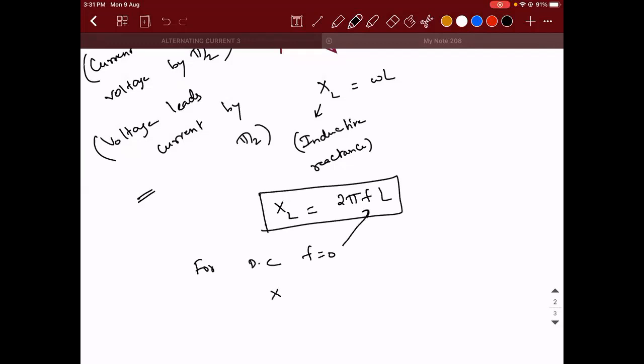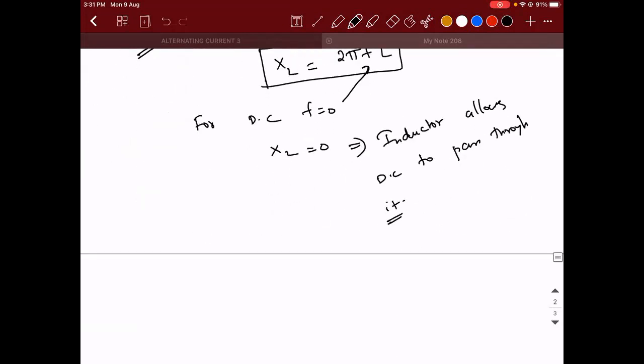If you substitute it here, XL will be equal to 0, which implies the inductor allows DC to pass through it. So the inductor allows the direct current to pass through it, whereas it will oppose the alternating current, because it will not accept the change of flux that is going to take place.